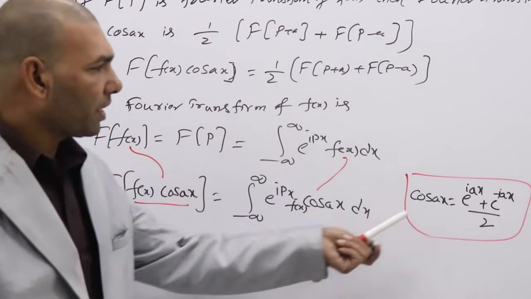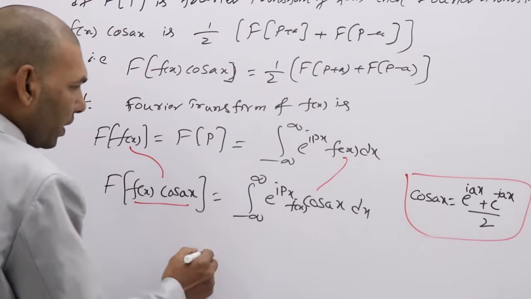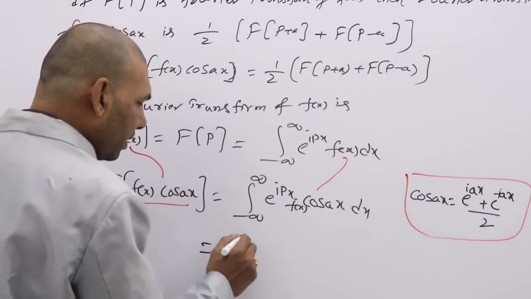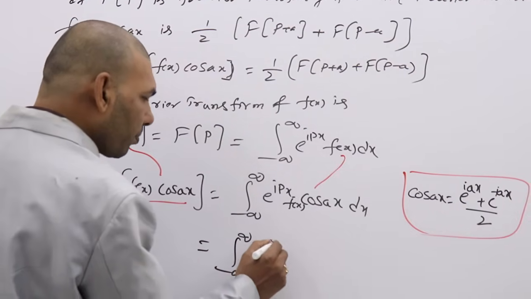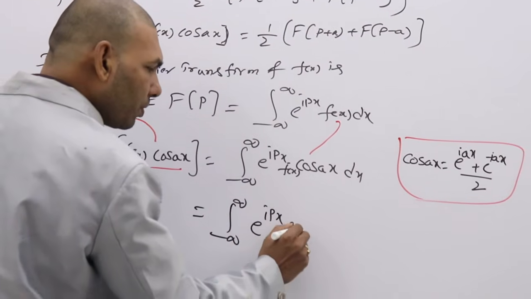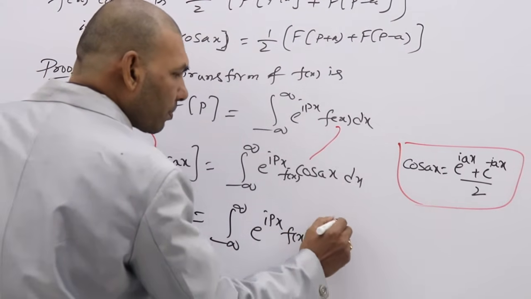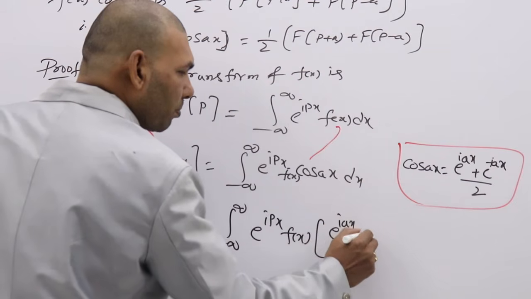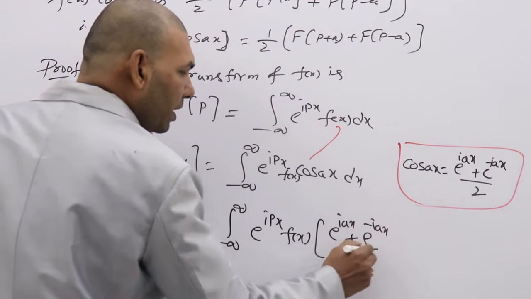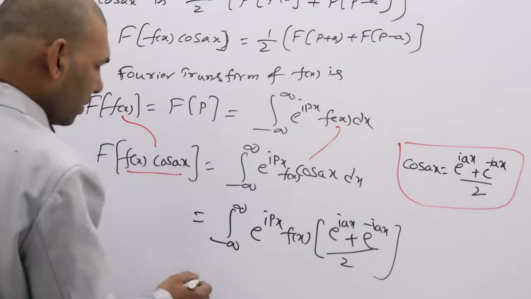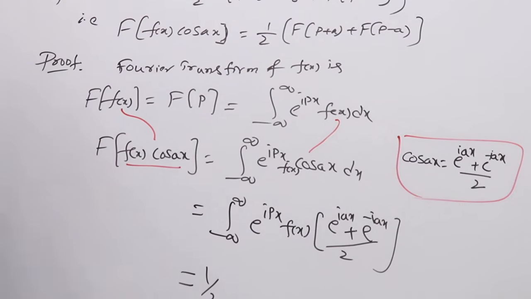Cos ax can be written like this. Substituting that one here, what you will get? Integral minus infinity to infinity e power ipx into f of x into e power iax plus e power minus iax by 2. So take that 1 by 2 as constant.